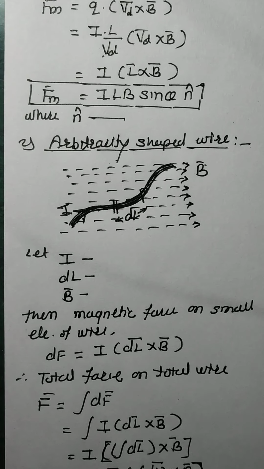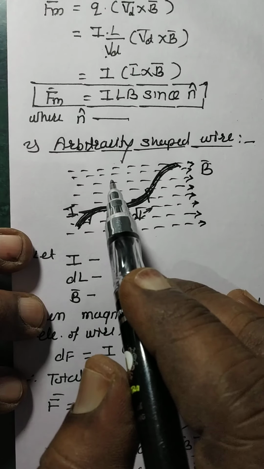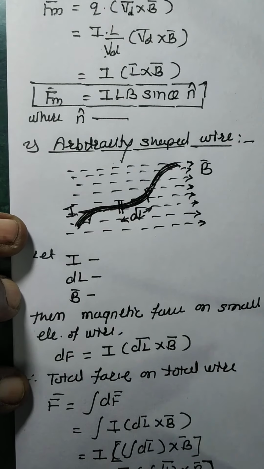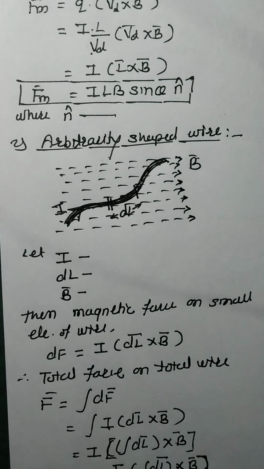This is about the magnetic force on an arbitrary shaped wire.